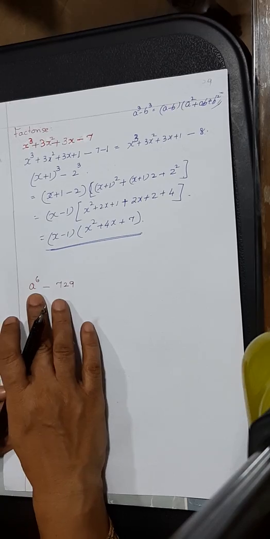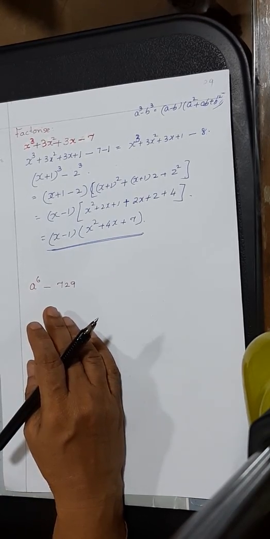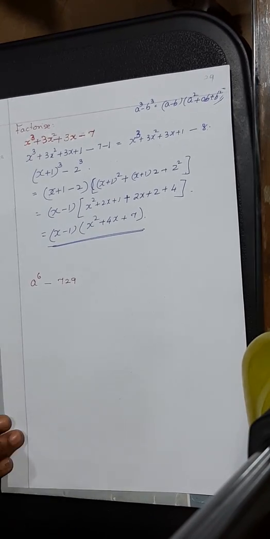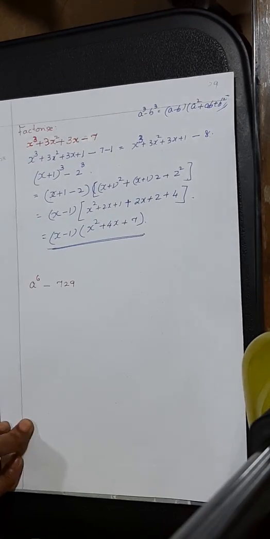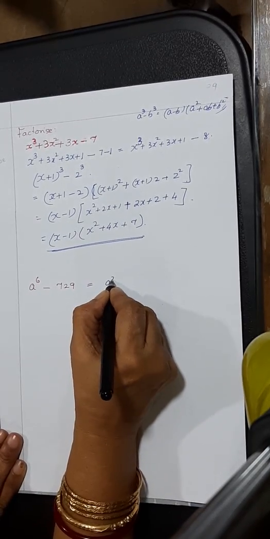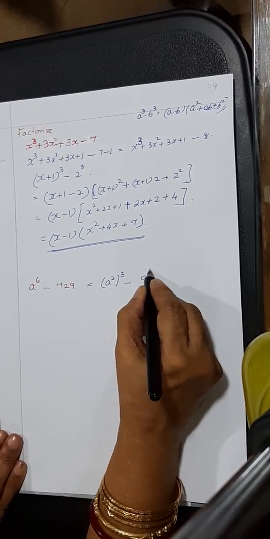Similarly, coming to this, a to the power of 6 minus 729. So, here we will write this again as a squared the whole cube minus 729 is 9 cube.